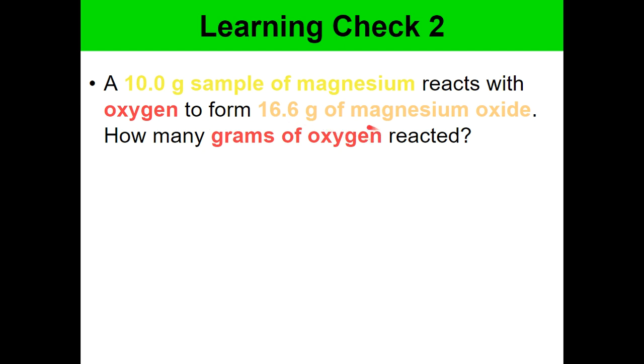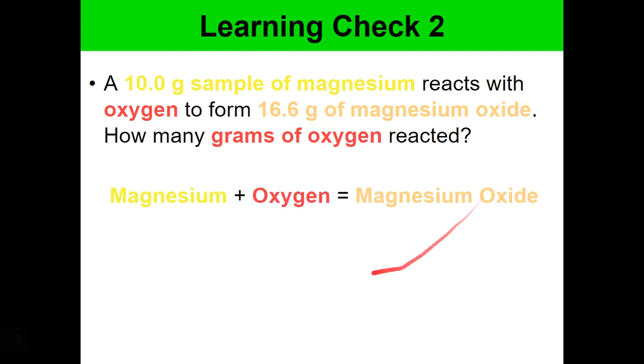But that equals this much magnesium oxide. So in our reaction, we've got magnesium plus oxygen equals magnesium oxide. And you just add up the grams, okay? So 10 grams of magnesium plus some unknown amount of oxygen equals 16.6 grams of oxide.